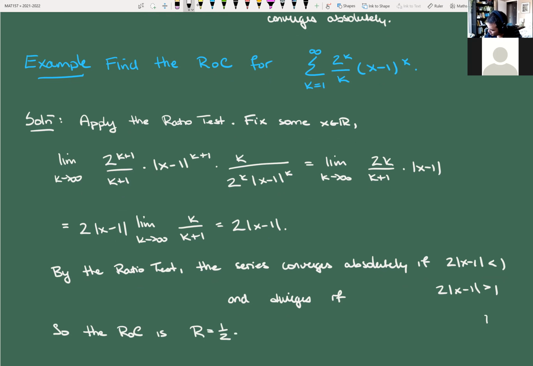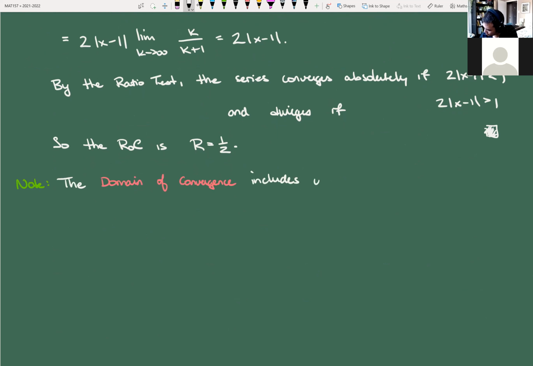The domain of convergence includes the endpoints if your power series converges there.